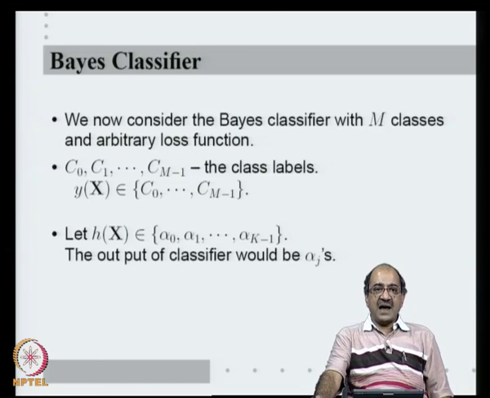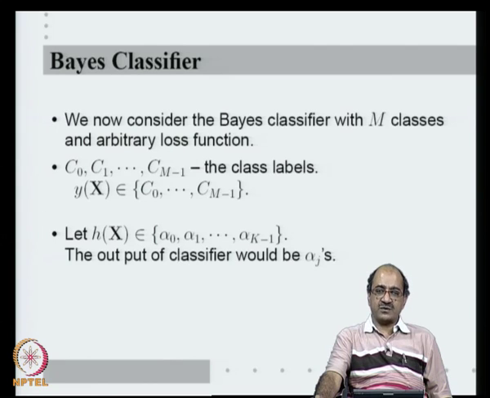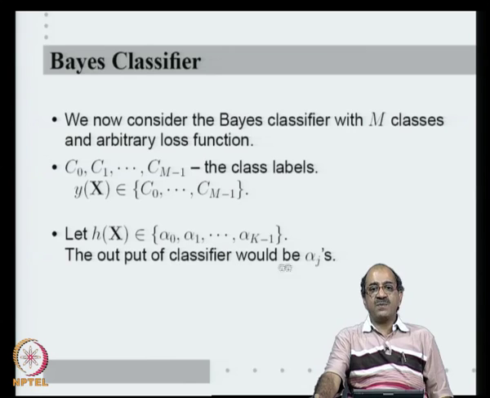Let us say the actions that are possible for the classifier are alpha 0, alpha 1, up to alpha k minus 1. Of course, in general k will be m and alphas will be the same as c, but let us just for now keep the notation different. So, the output of a classifier would be one of the alphas. That is why I said h of x belongs to alpha 0 to alpha k minus 1. So, the output of classifiers would be alpha j's, whereas the actual class labels will be ci's.